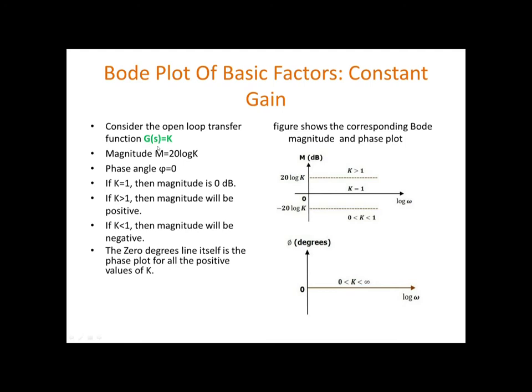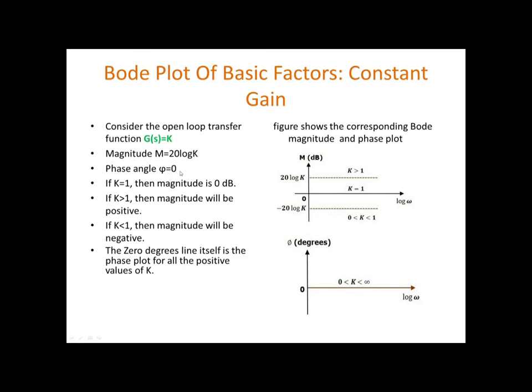So, G(j omega) will be K. The magnitude in dB can be written as 20 log K, whereas the phase angle is 0 degree, because for a constant value there is no imaginary part, and the phase angle is tan inverse y by x. According to this formula, the phase angle is always 0.